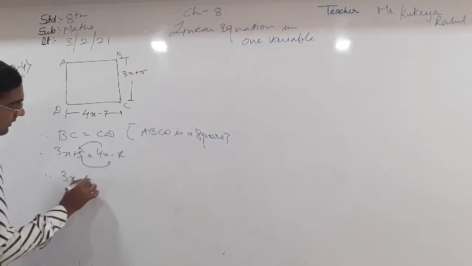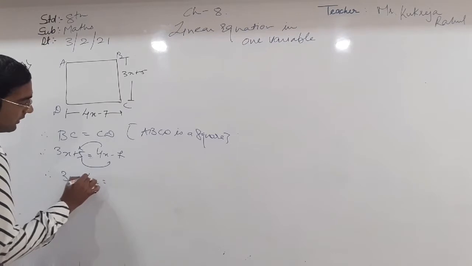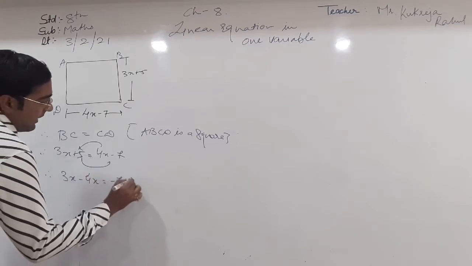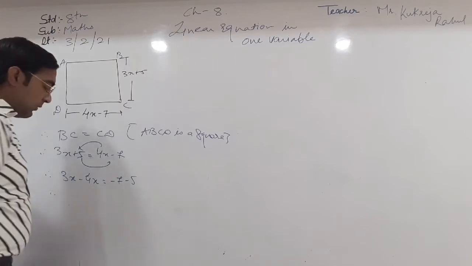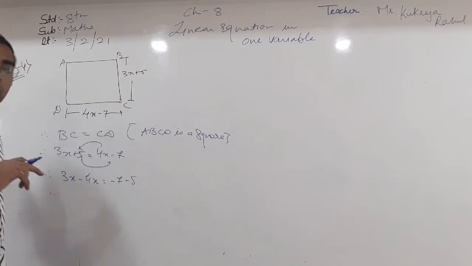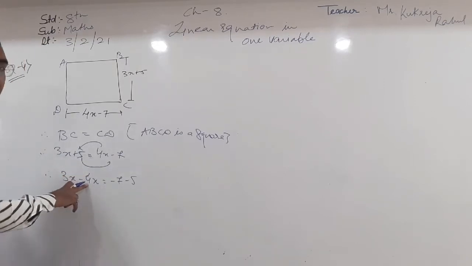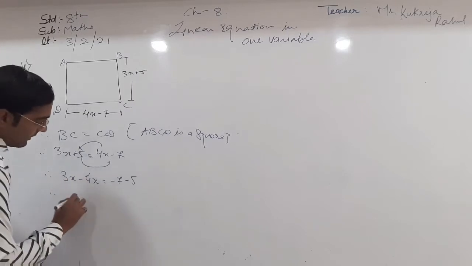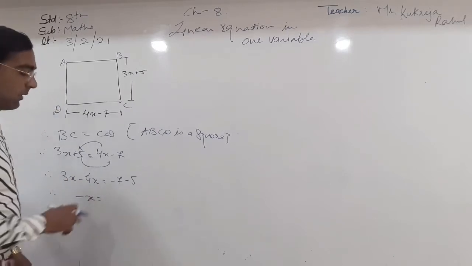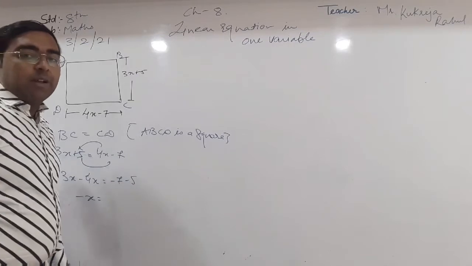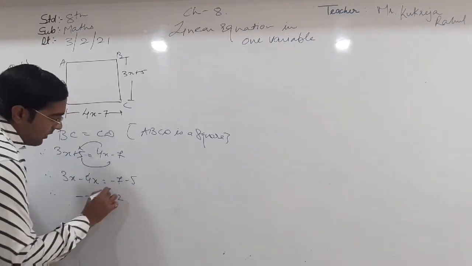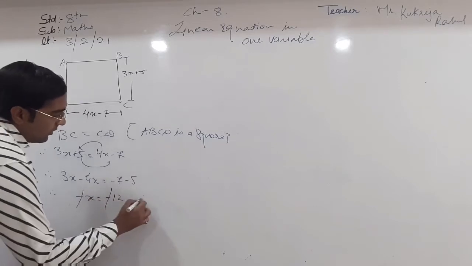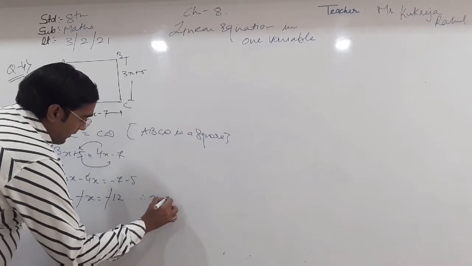So 3x minus 4x equals minus 7 minus 5. So 3x minus 4x, that is 3 minus 4, which is minus 1, so we take minus x equals minus 7 minus 5, that will be minus 12. Minus minus are cancelled out, so therefore x equals 12.